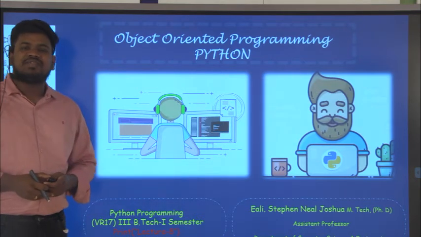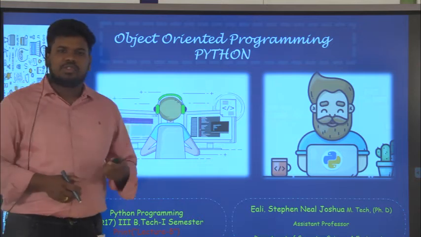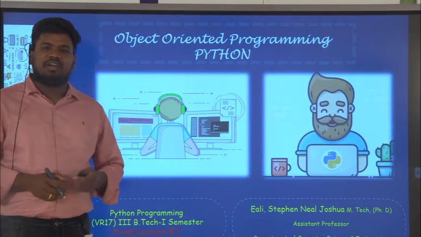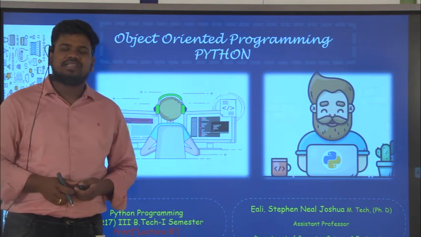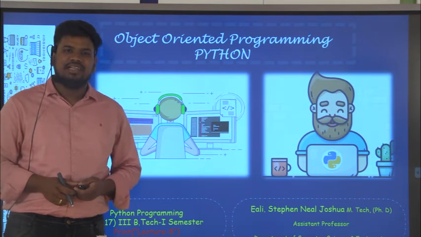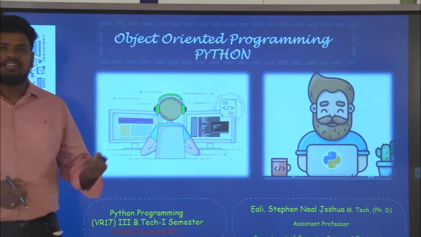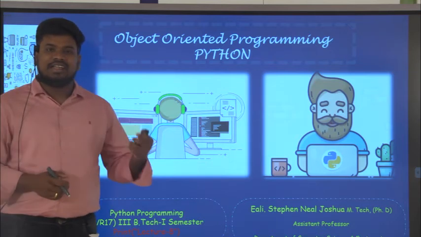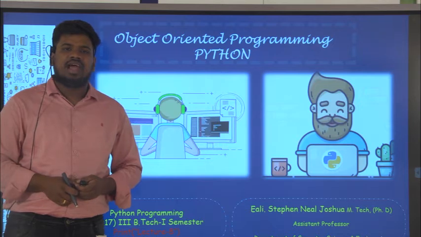So in our last class, we discussed exception handling in Python. What is a try, what is an except, how to use an else, and next the finally block. We discussed these four keywords in detail. So what is a raised exception, what are the categories of exception, what is an exception. All these things we discussed in our last class.